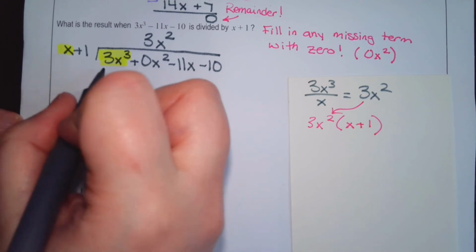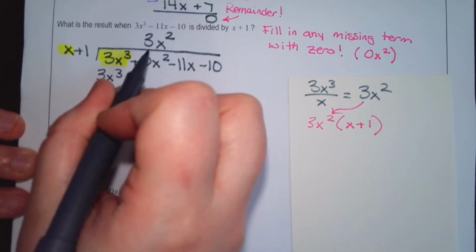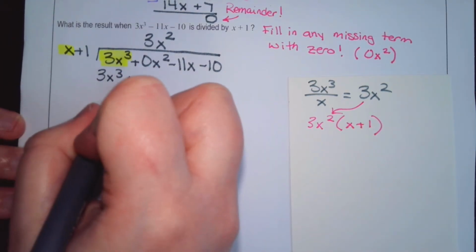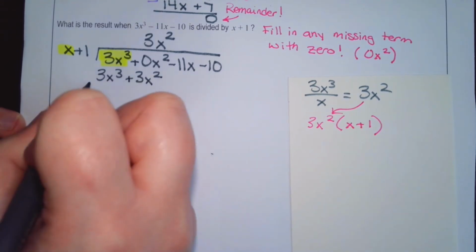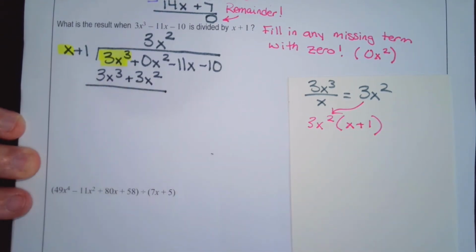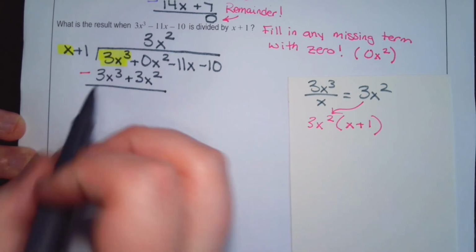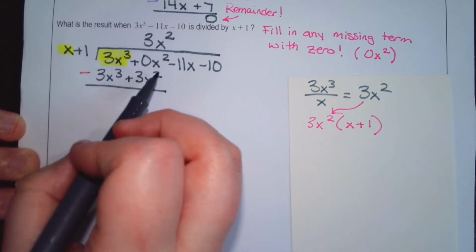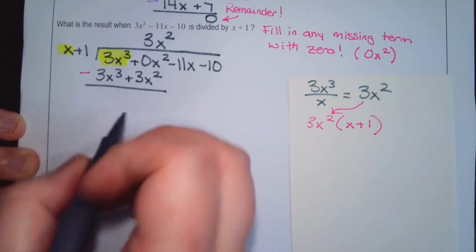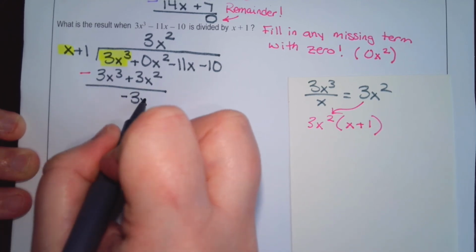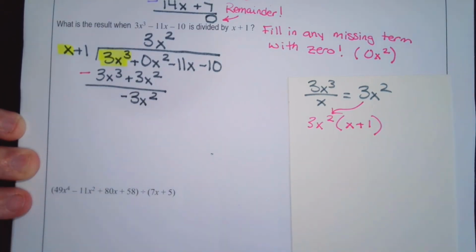So 3x squared times x is 3x cubed. 3x squared times 1 is plus 3x squared. And then we subtract. Our first terms cancel, and then 0x squared minus 3x squared is negative 3x squared.